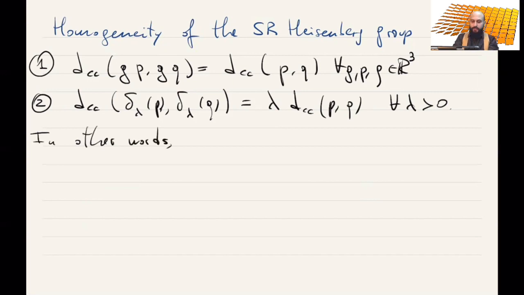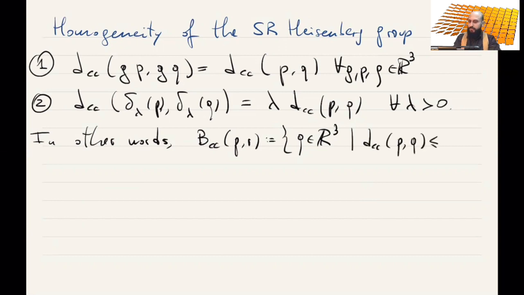So let's define the metric open ball to be the points in space such that the CC distance from the center P is strictly less, so it's an open set, less than R. This is called the metric open ball of center P and radius R.